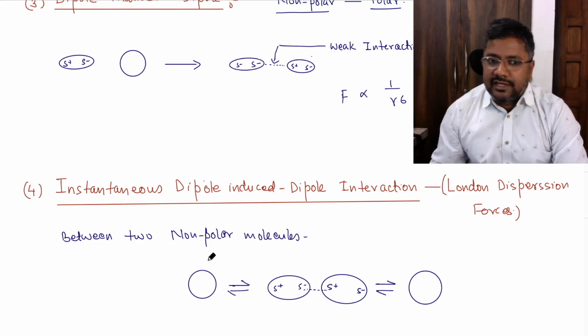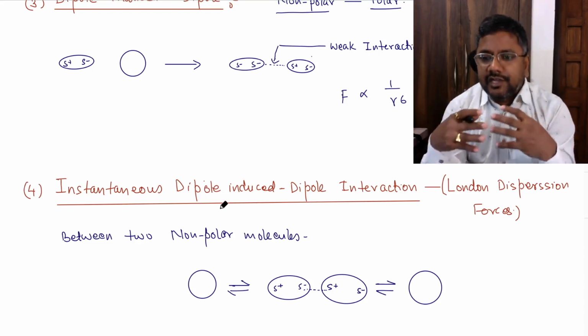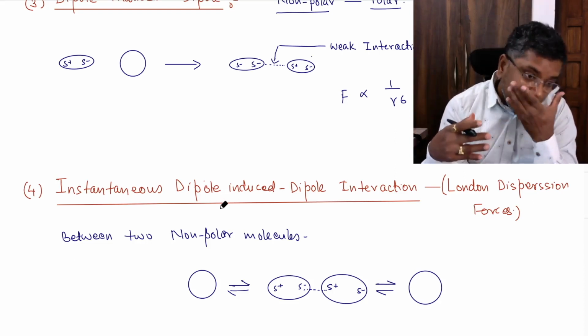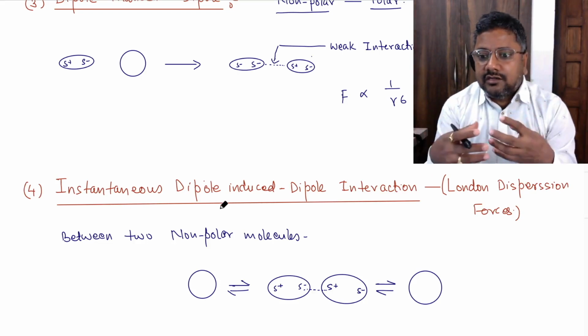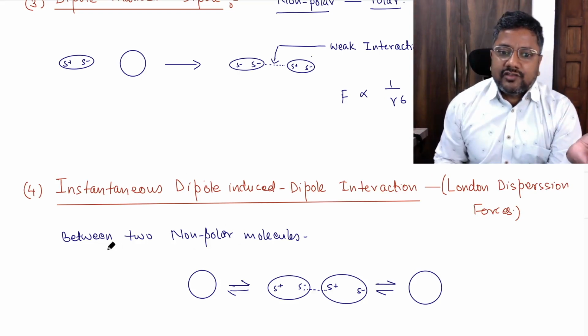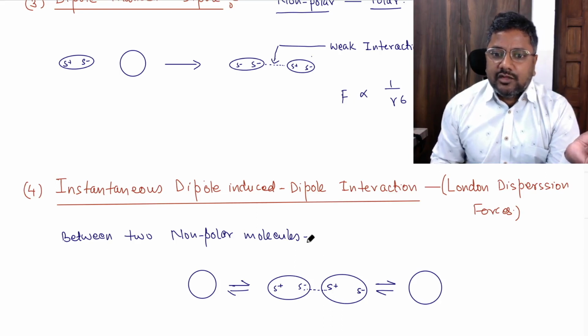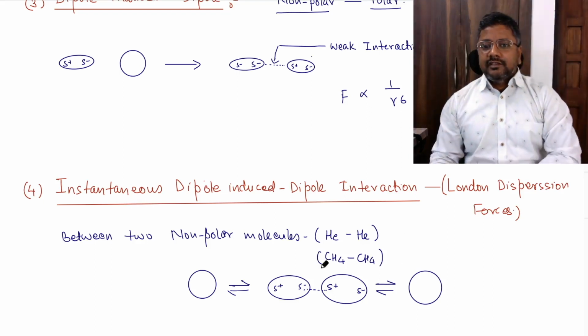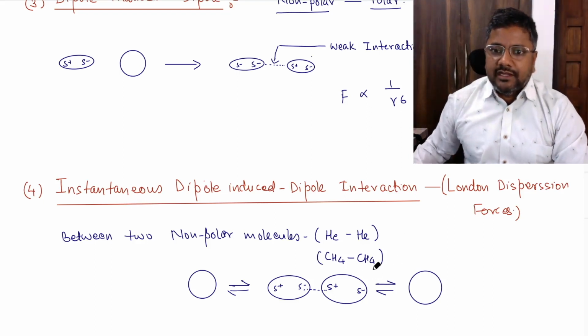Your answer should be that there is an instantaneous dipole induced dipole interaction. When molecules come close to each other, there is a kind of interaction. So this is observed between two non-polar molecules, like helium, or like CH4, which is also a perfectly non-polar molecule.